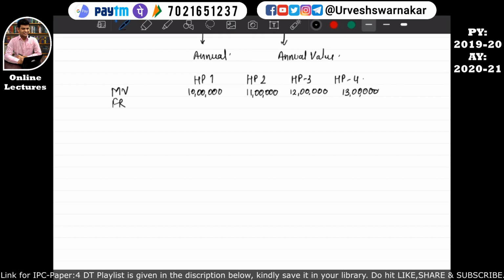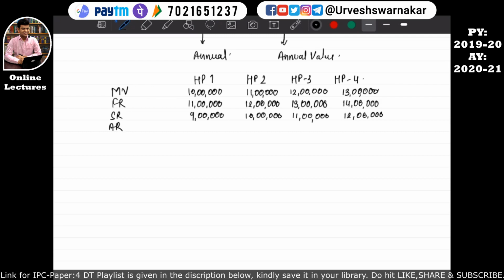Fair rent is 11 lakhs, 12 lakhs, 13 lakhs, 14 lakhs. Standard rent is 9 lakhs, 10 lakhs, 11 lakhs, 12 lakhs. And the actual rent charged for house property 1, 2, 3 and 4 will be as follows.